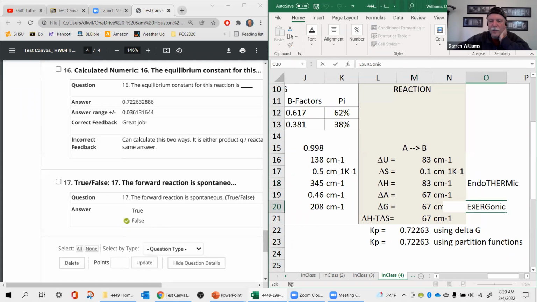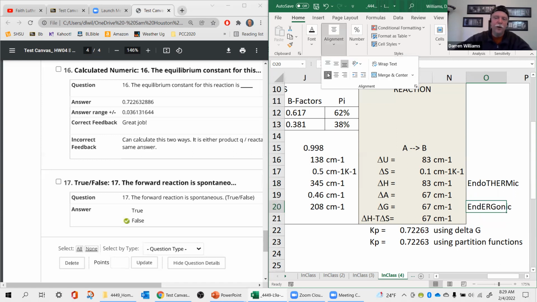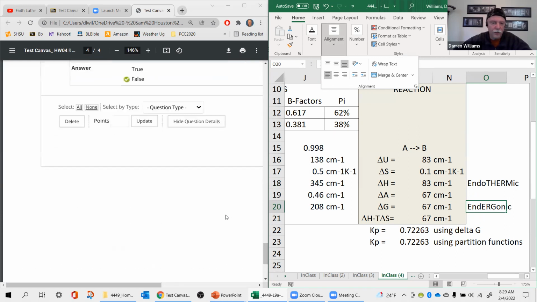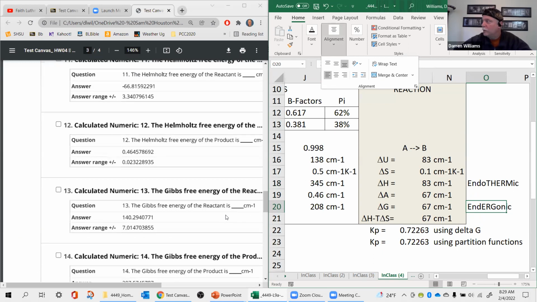And I would say this needs to be endergonic. So that's how you would say it for the delta G of this reaction. It would be endergonic. The delta H would be endothermic. So that's essentially the homework. Yeah, that's the whole thing, is this one big problem.